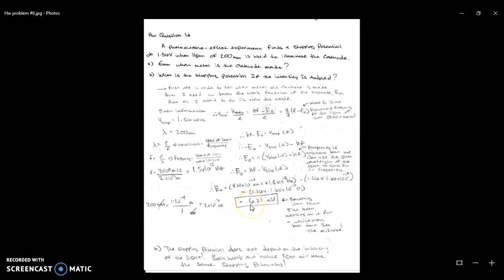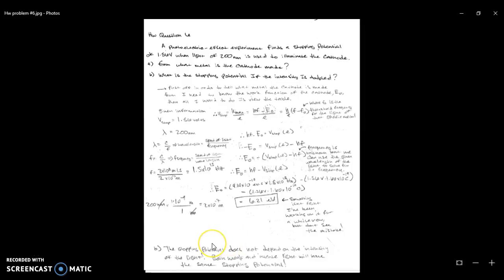For some reason, I keep getting 6.21 electron volts, and I know that isn't right, because on the table there's no element with a work function of 6.21 electron volts. So something isn't adding up, but I'm going to figure it out and resubmit it.